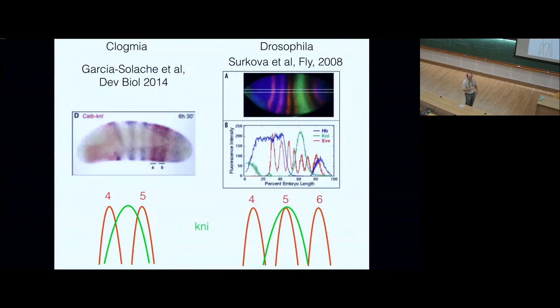We predict the correct pattern of Clogmia compared to fly: it is different, and Knirps is between stripes 4 and 5, while in fly, Knirps is right on top of 5. That sounds like a very detailed, narrow prediction, but it's actually not. It comes very naturally from the network structure, and this is the kind of prediction we're able to do.